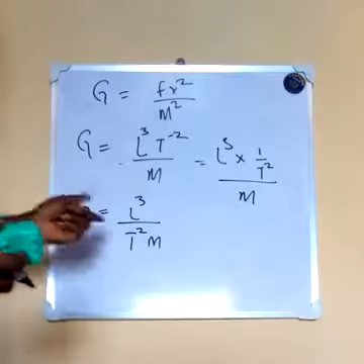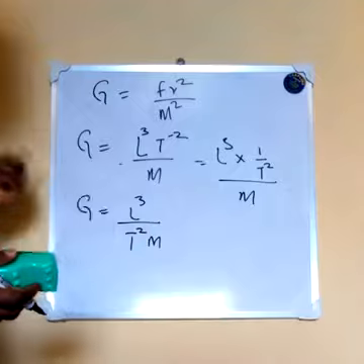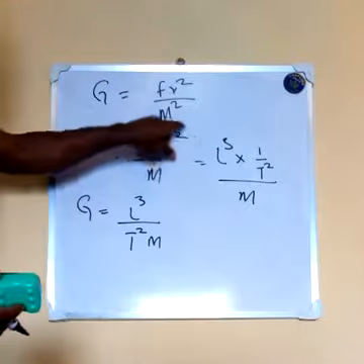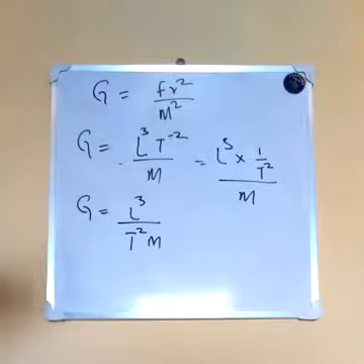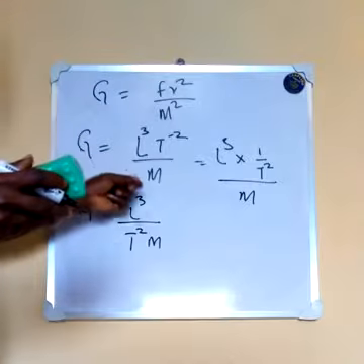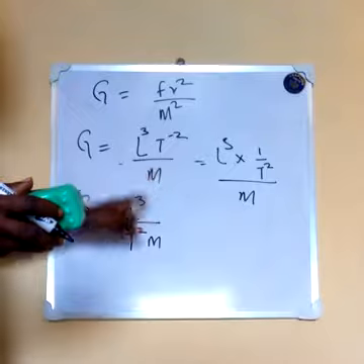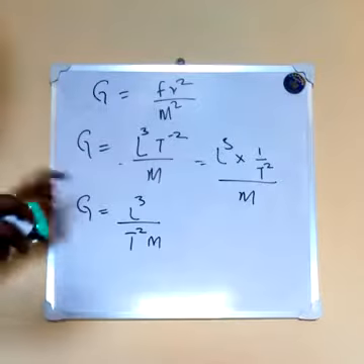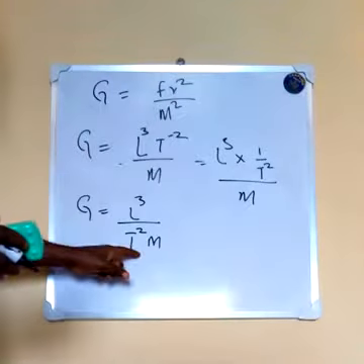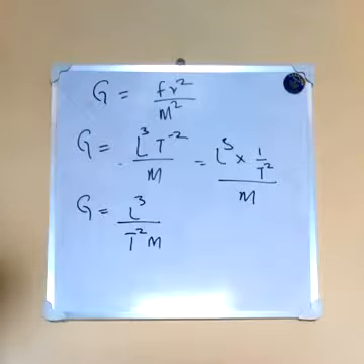So take notes. This and this mean the same thing. So I just apply law of indices here. I'm just talking in an event whereby you solve the problem and this option is not available. This one must be available. From this or this, you can bring out the units of gravitational constant.